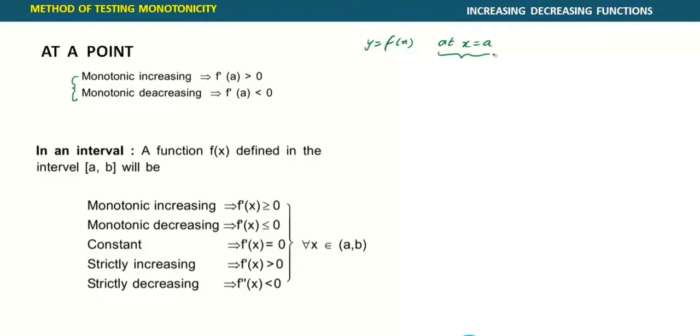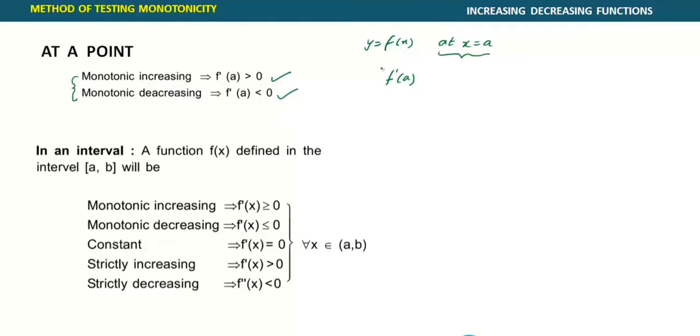So you will have to find f'(x) at x equal to a, that is f'(a). If it comes out to be greater than 0, it is monotonically increasing. If it comes out to be less than 0, then it is monotonically decreasing.